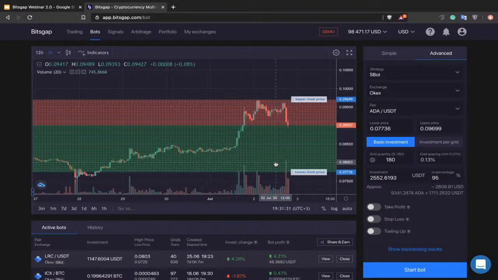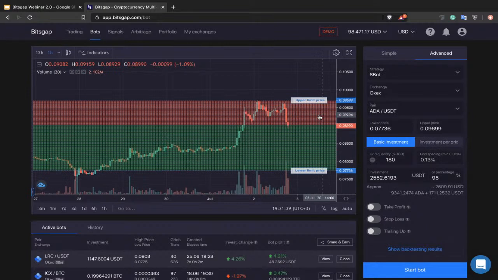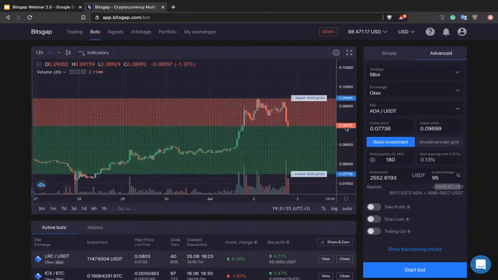And in order to place the buy orders, I must possess enough of the quote currency. To see the exact amount that I need to execute this trade is here. So I must have that amount of Cardano, and I must have that amount of USDT, which in total is approximately around $2,600.